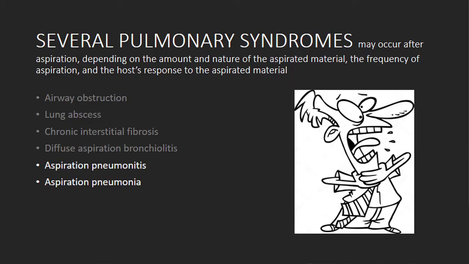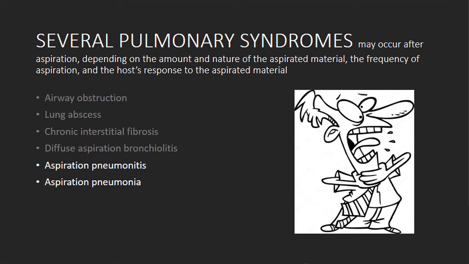There are several pulmonary syndromes when people aspirate any of the previously mentioned contents, and they may occur right after aspiration, depending on the amount and the nature of the aspirated materials, the symptoms, the frequency of aspiration, whether it's a one-time event or a recurrent chronic event, and also the host's immune response to the aspirated material.